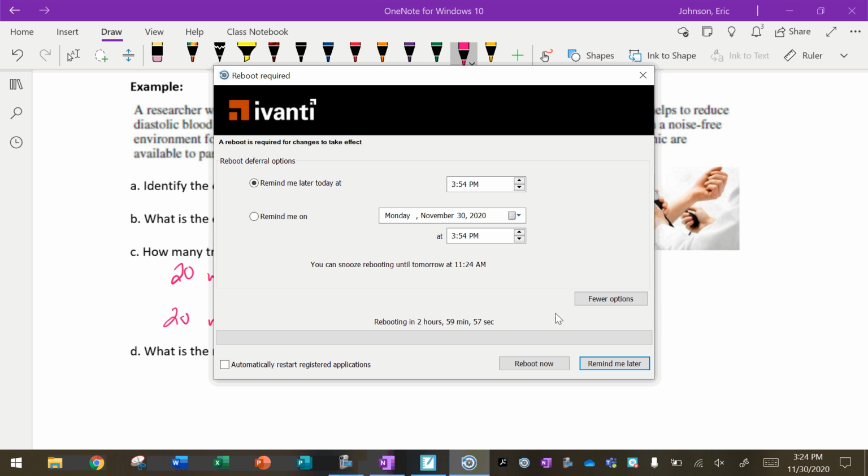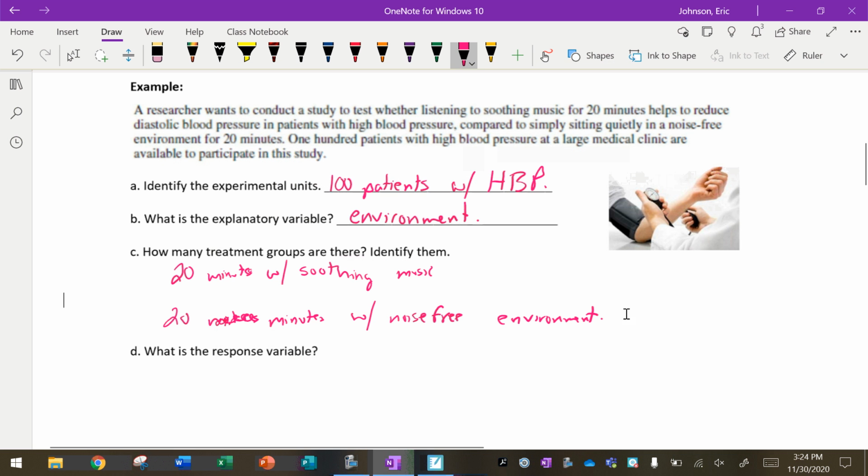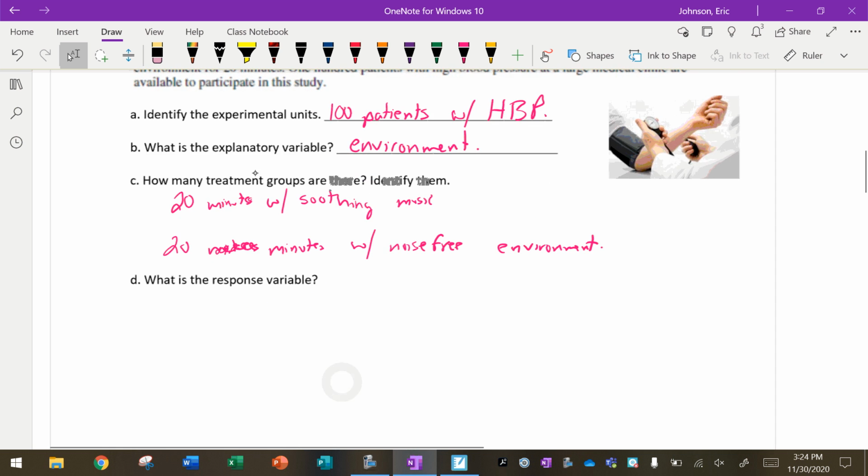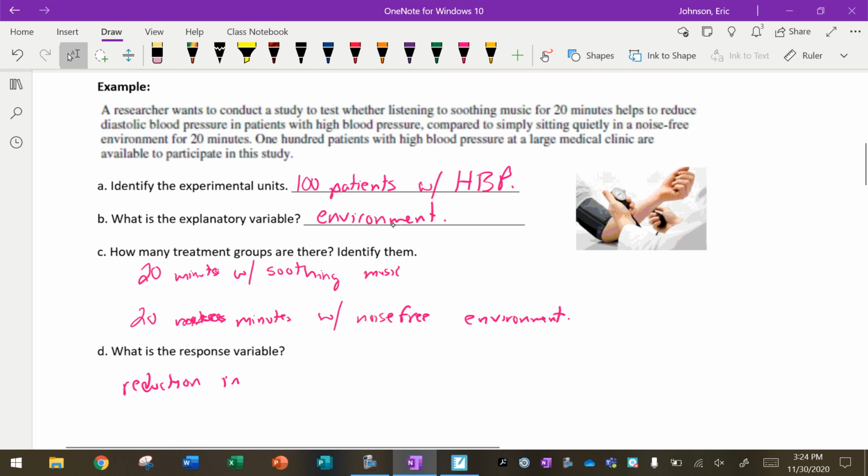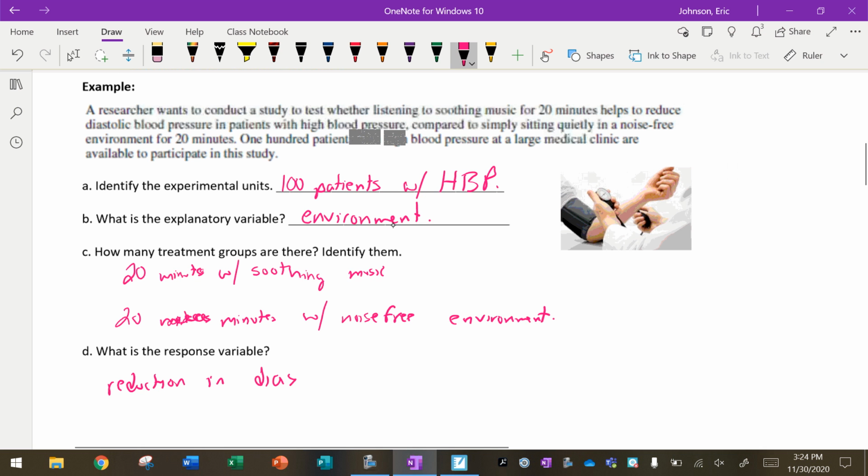All right, so kind of the same idea. We're at a point where things start coming back that showed up earlier in the course. What is the response variable? Helps reduce blood pressure. Let's say the reduction in diastolic blood pressure.